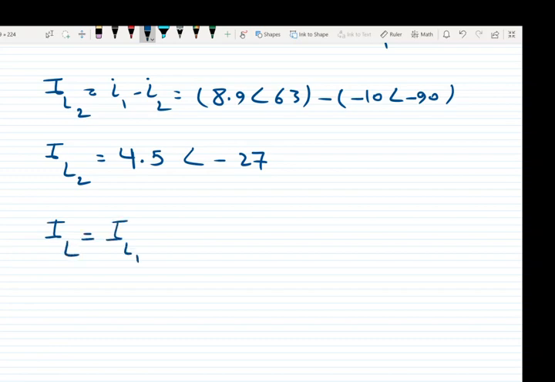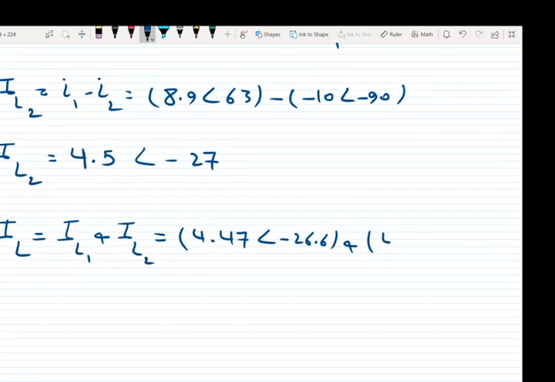Now that we got IL1 and IL2, we can say the total current IL is equal to IL1 plus IL2, which is equal to 4.47 angle of negative 26.6 plus 4.5 with the angle of negative 27.